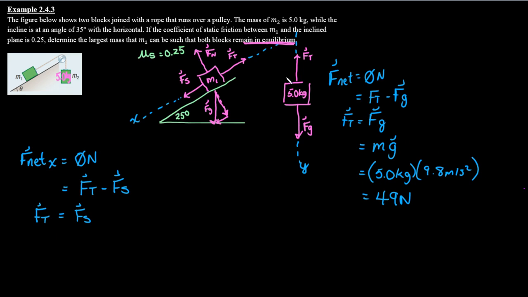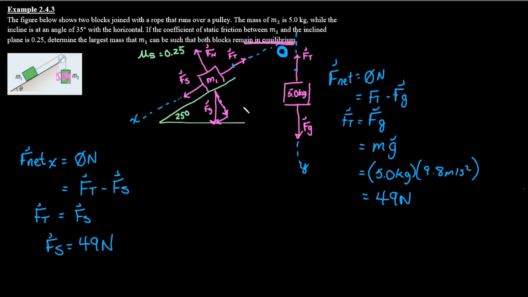This rope is joined over a pulley, and all the pulley does is change the direction of that force of tension. So if we know this force of tension is equal to 49 newtons, so is this one. So we know our force of static friction is also going to have to equal 49 newtons in order for neither of those objects to move.